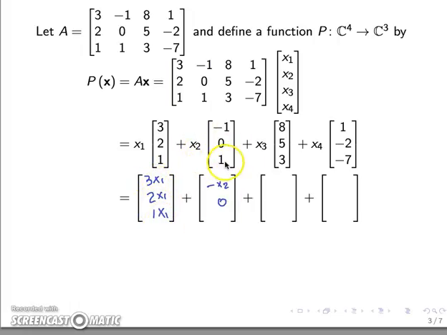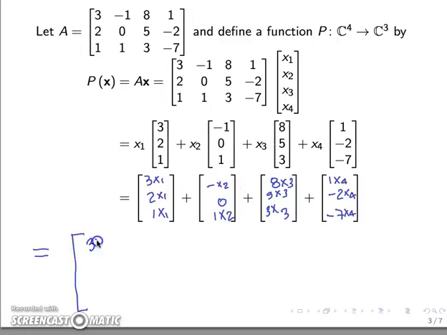If we do the same for the second term here, we have minus x2, 0, and 1x2, and then we move on to the next one, which would give us 8x3, 5x3, and 3x3. And last but not least, we have 1x4, minus 2x4 and minus 7x4. So in a last step, we can write this as a whole vector.